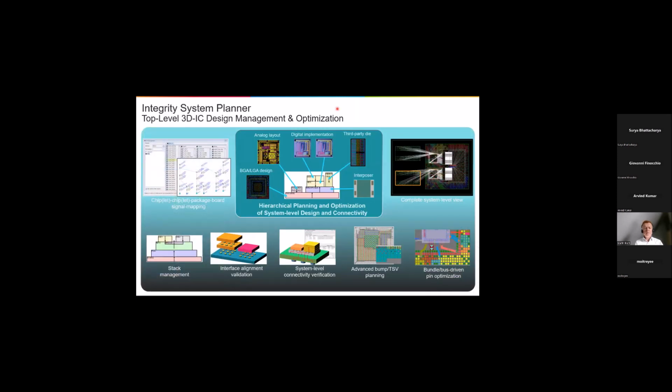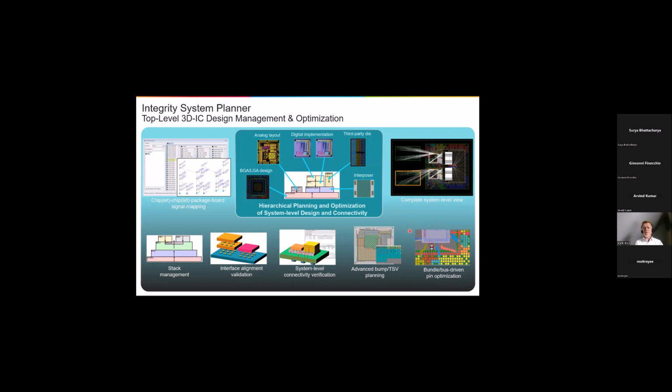So here you see the front end integrity system planner features. I don't want to go into too much detail, so it allows you to stack your different fabrics in the system. It will do interface alignment validation. So that's a topic that you need to ensure you can do system level verification, checking the connectivity, do system LVS as well.